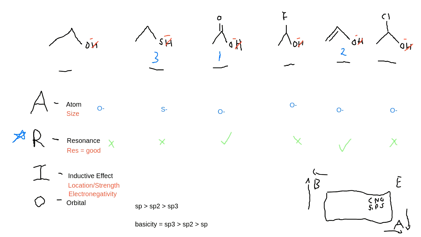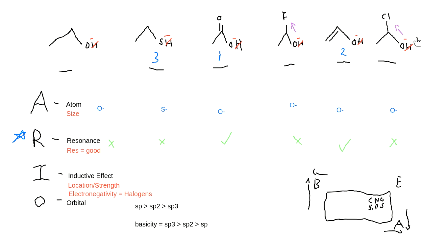The reason atom trumps it is that a bigger size containing this negative charge is more stabilizing than having halogens and electronegative withdrawing groups pull these electrons. Inductive effect essentially means this negative charge is getting sucked in by this fluorine and this chlorine, so it makes the negative charge smaller.